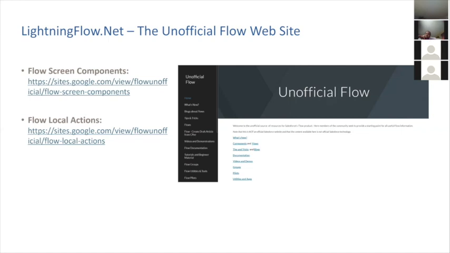The 2 things I'm going to point out that we will use in today's session are the flow screen components as well as the flow local actions. So I included 2 links that go directly to those pages. And they all have examples of code that you could install for use in your org, to use in flow screens as well as local actions.